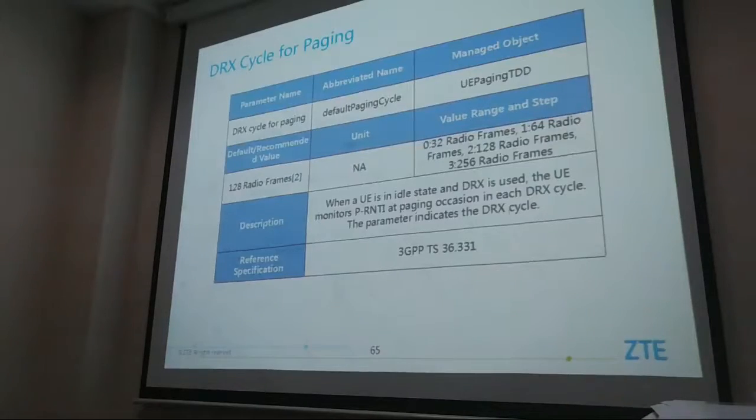So if we configure, for example, this inactivity timer as 5 seconds, but the DRX we configure as 6 seconds, what happens?